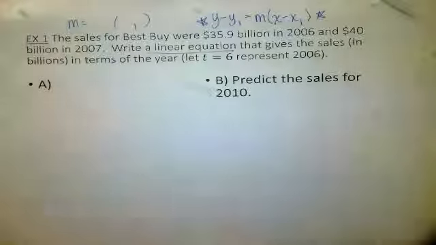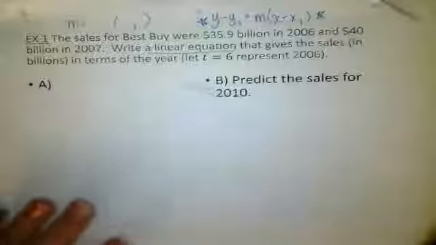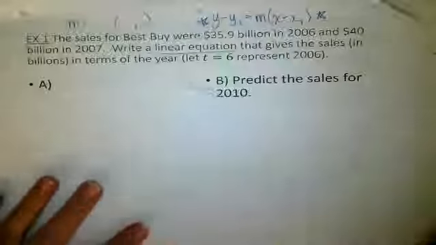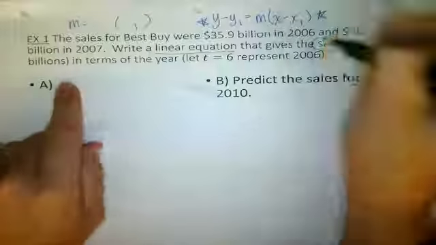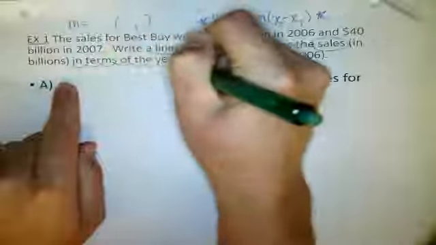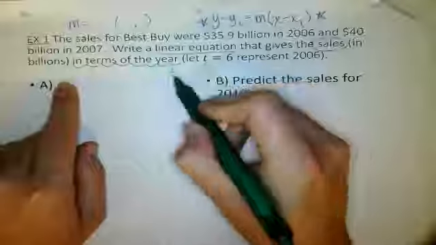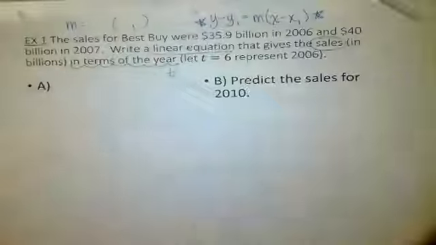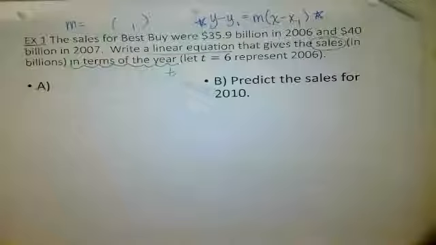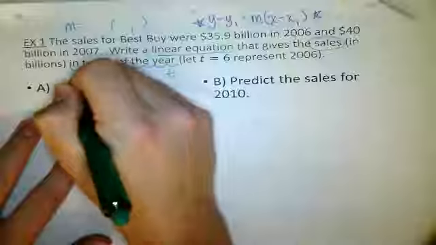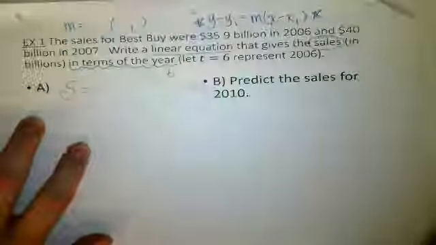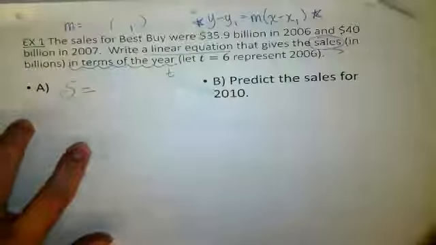Now, let's talk about that linear equation a little bit more, because they're very specific. They say we want a linear equation that gives the sales in terms of the year, where we're going to let t be our year. So I want an equation for sales. That means we want an equation that says S equals, where S is sales.